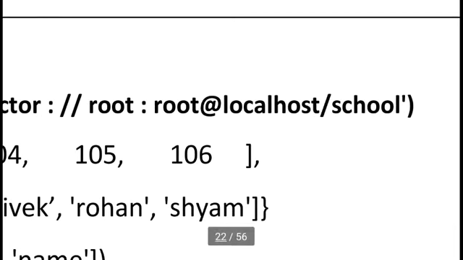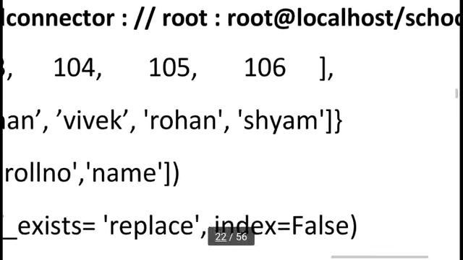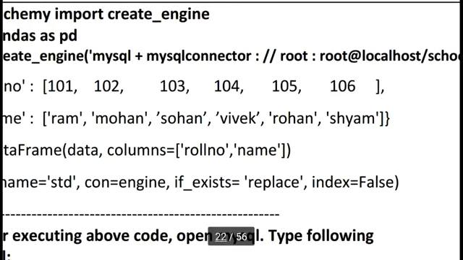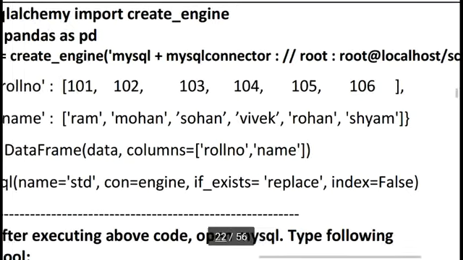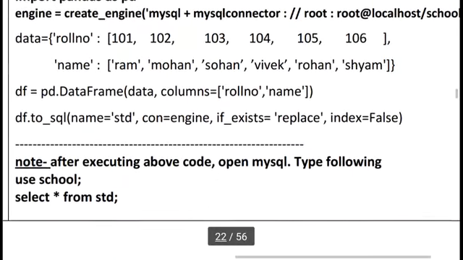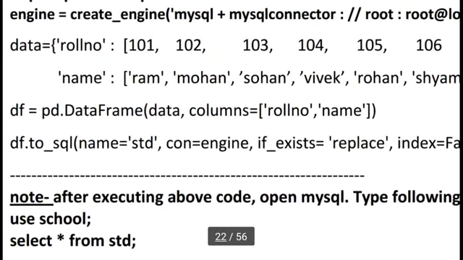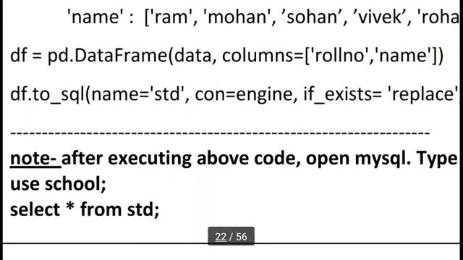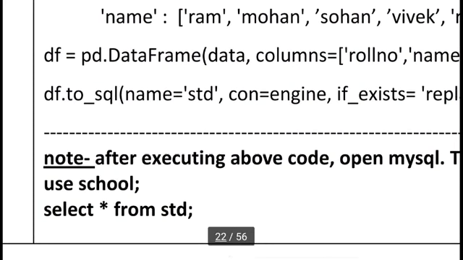school database. We must create a database in advance in MySQL, otherwise the export function will not perform. So the school database is already created, but the new thing here is that I want to transfer this df data frame into the school database in a particular table. So the data frame we already created. Here df.to_sql means the data frame transfers into MySQL.